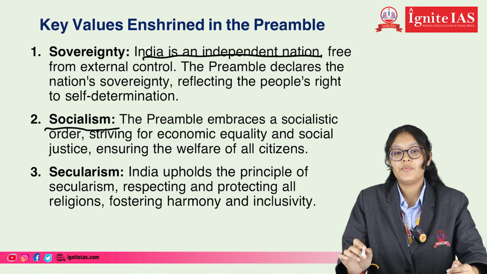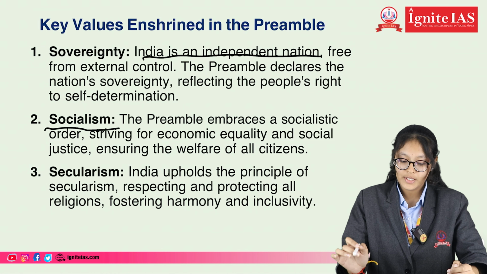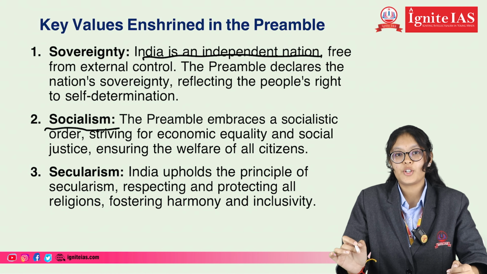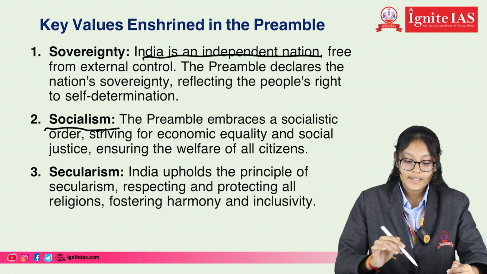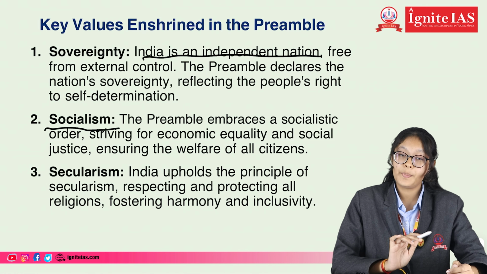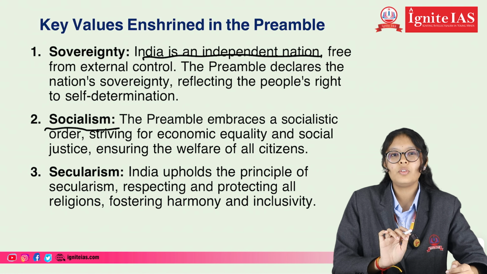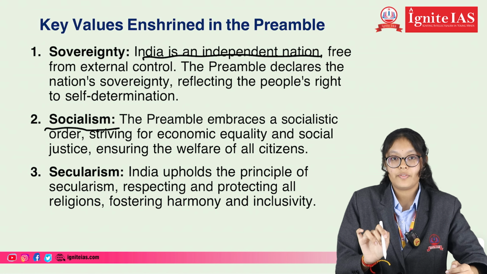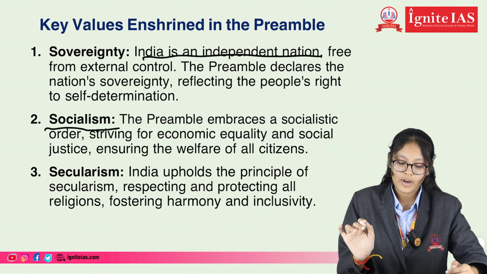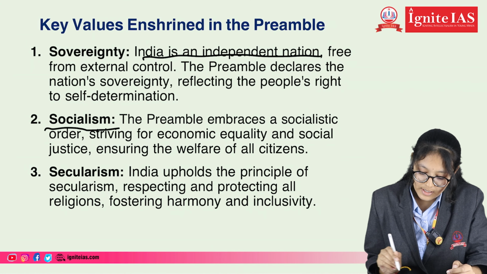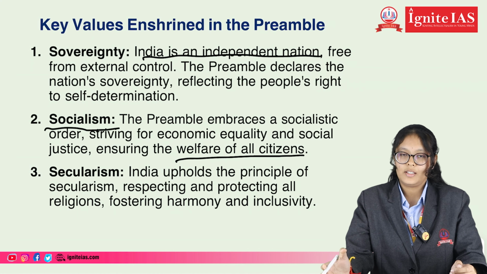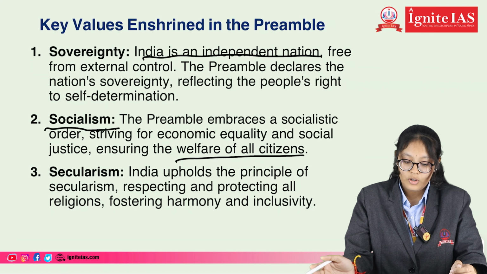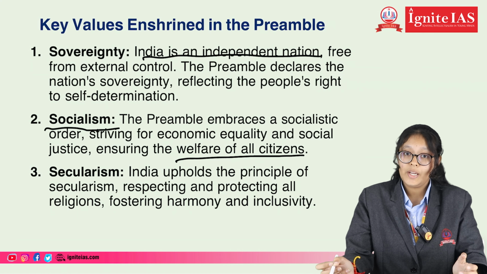The term socialism was taken from the communism theory, in which means of production are partially or wholly controlled by government. But the term socialism, which was added to the preamble, is based on the objectives and philosophies of Mahatma Gandhi and Jawaharlal Nehru, which means a welfare state for all citizens. That means every citizen gets equal opportunities in all spheres of life and also bridge the gap between rich and poor.